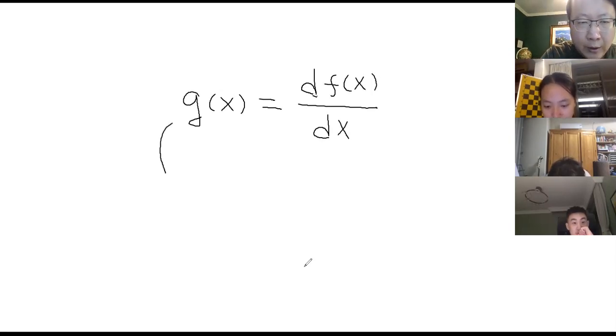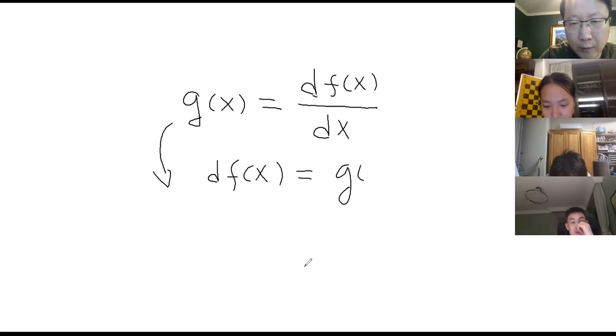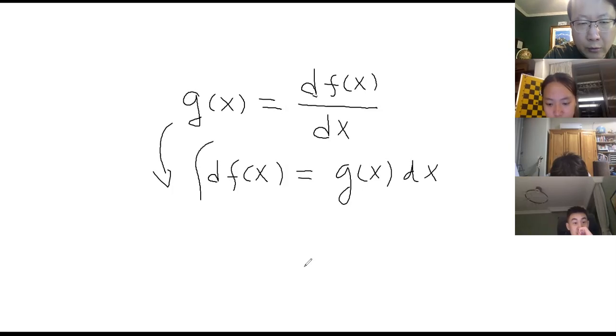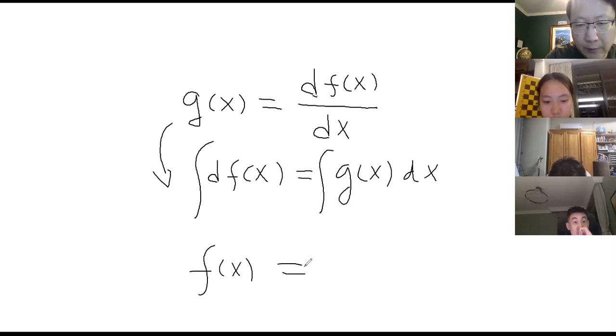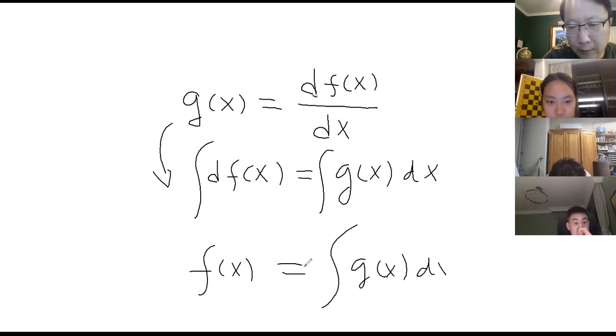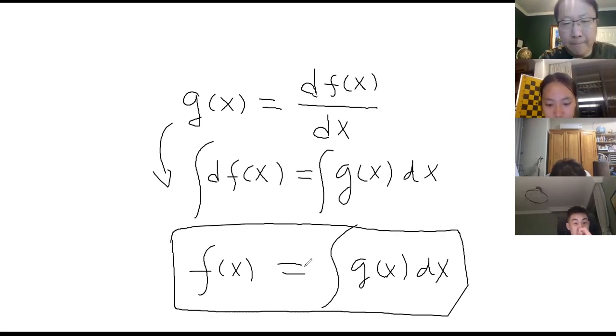Once we know this, we can do an integral calculation. We write it this way and then do the integral, and this gives us fx plus something. So that's basically doing a reverse derivative. Got it?